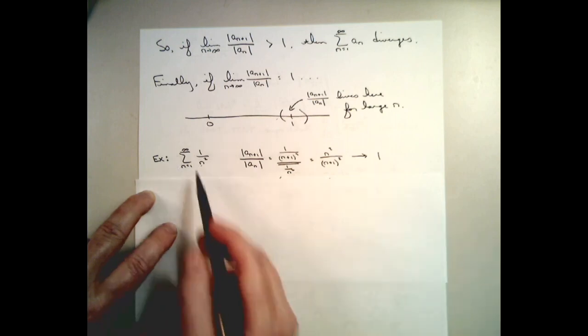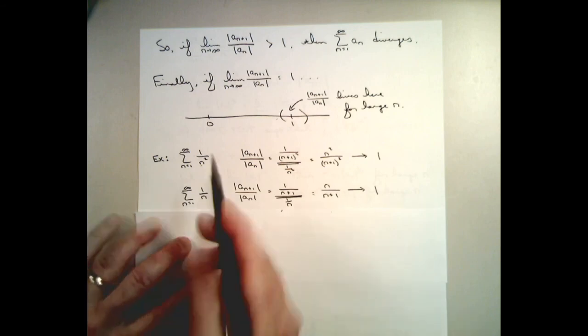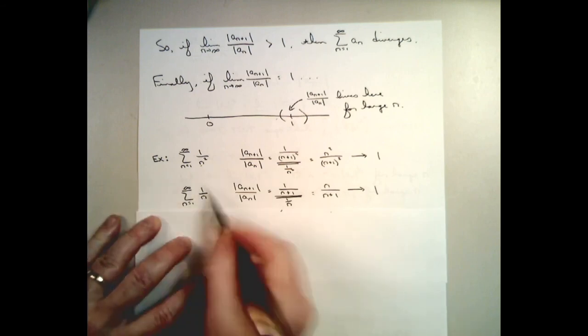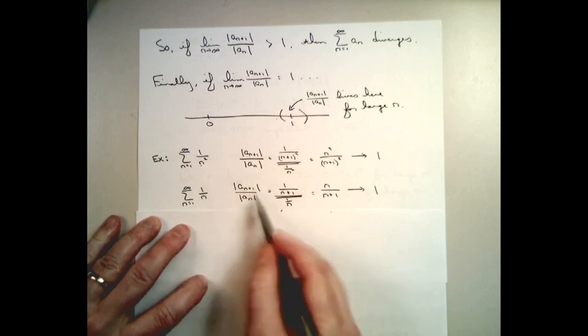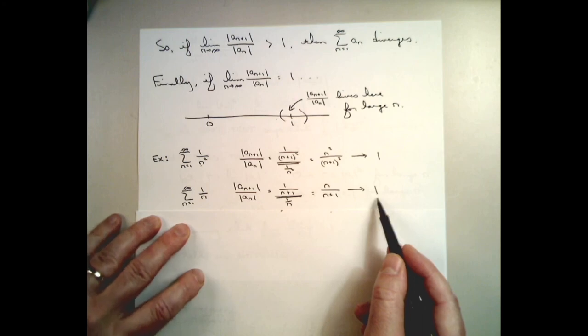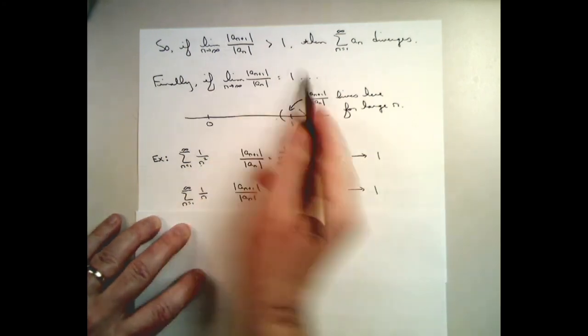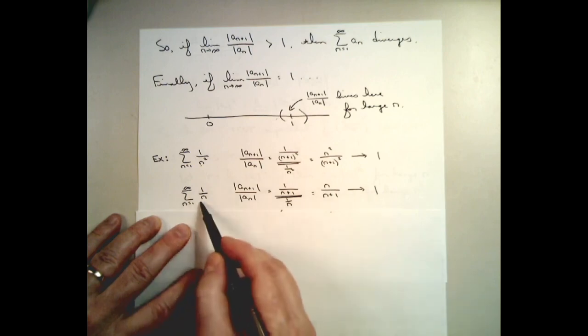However, if I looked at the harmonic series, the p series with p equal 1, these ratios also have a limit of 1, right? So I'm in this situation. But this series diverges, right?